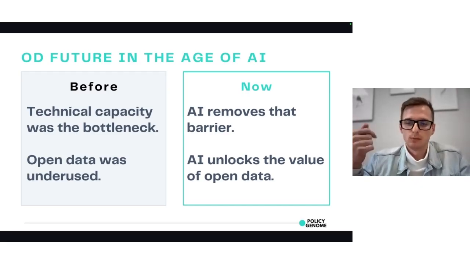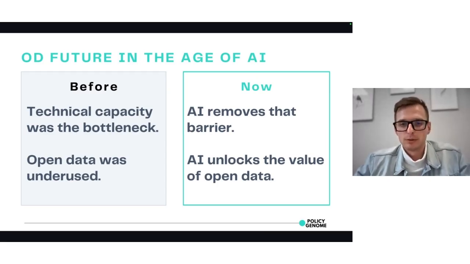What this meant is that open data, even when it was published, wasn't necessarily used to the edge of its potential. The potential of open data is so enormous and the usage was relatively so small. But right now, AI really removes this barrier.